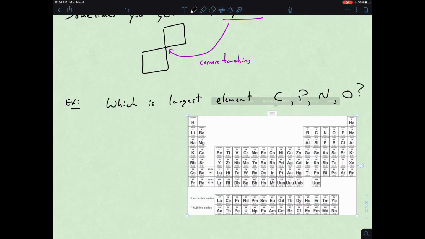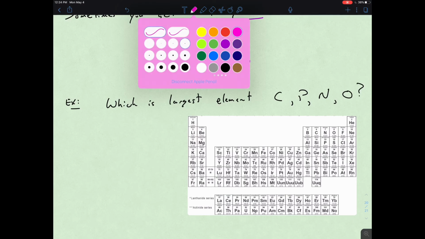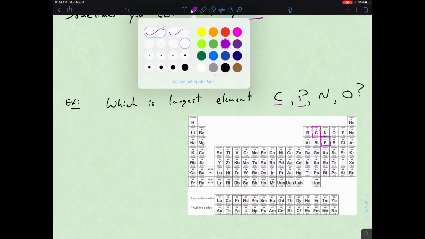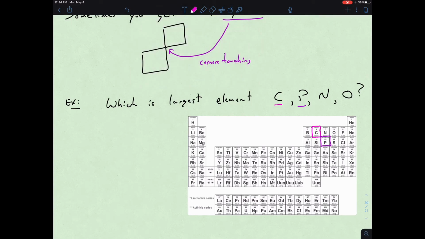Take a look at the elements that we're discussing. We're looking at carbon, which we have there. We have our phosphorus, which we have there. There's our Catty Corner relationship. We then have our nitrogen, which is in the middle there. And then finally we have our oxygen, which is on the far right.